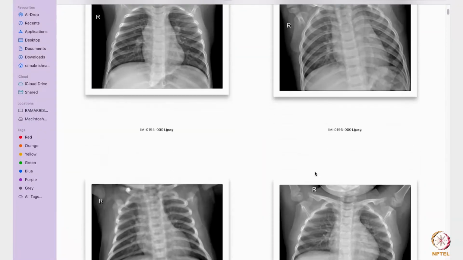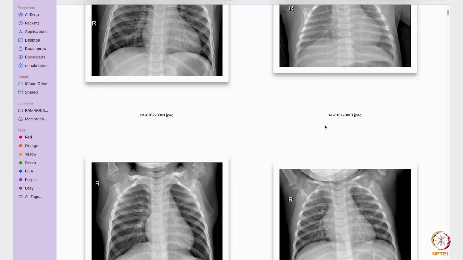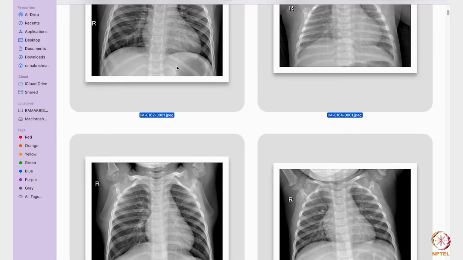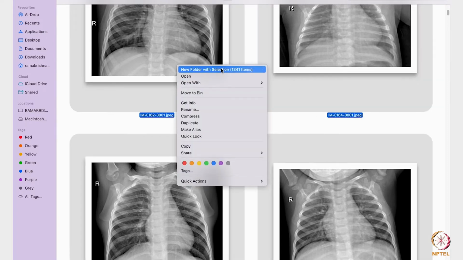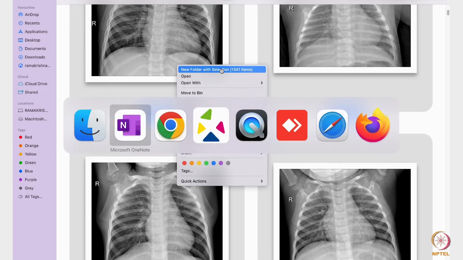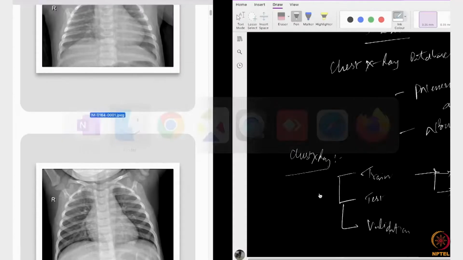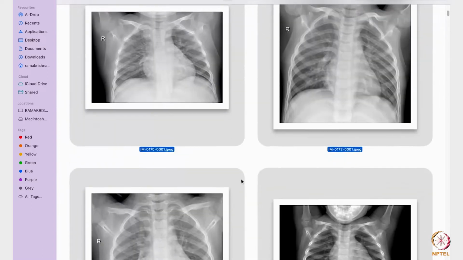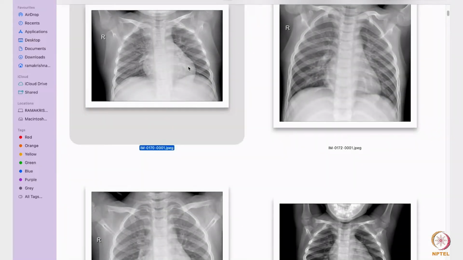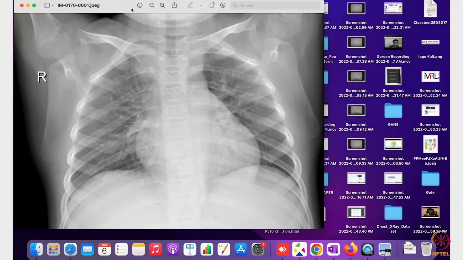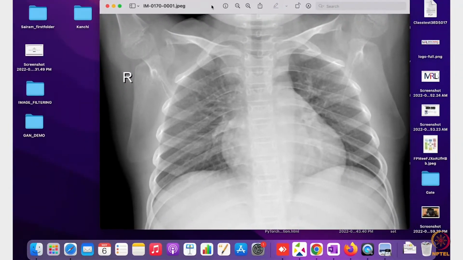Let me count how many images there are in total. 1341 items in the normal folder, 1341 chest X-ray images. Similarly, let me open one image and show it. This is how the image looks. You can see clearly here.